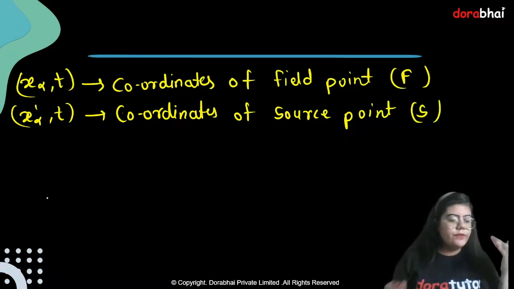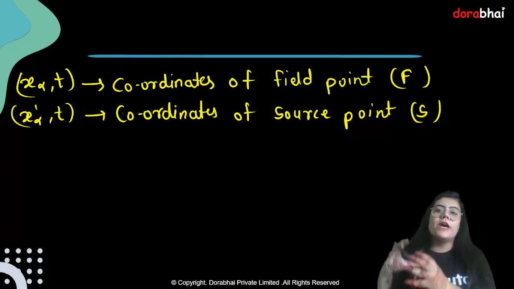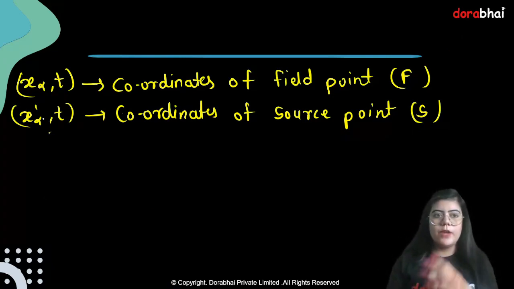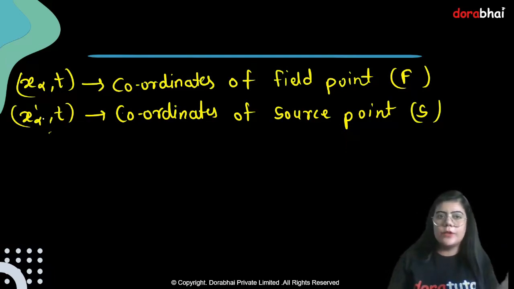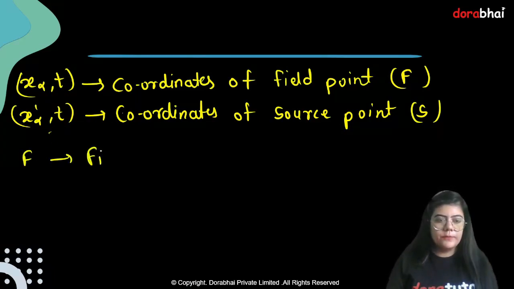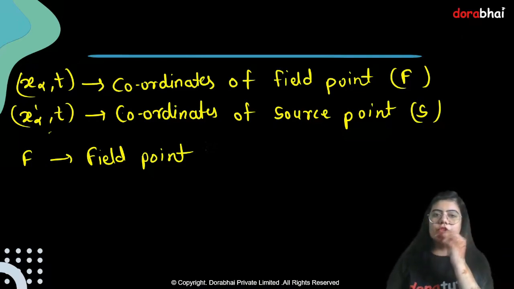So what exactly are F and S? F is the field point. Field point means from where we have to measure the potential. We are measuring here the scalar potential and vector potential. So F will be the field point. Field point is where we have to measure potential.